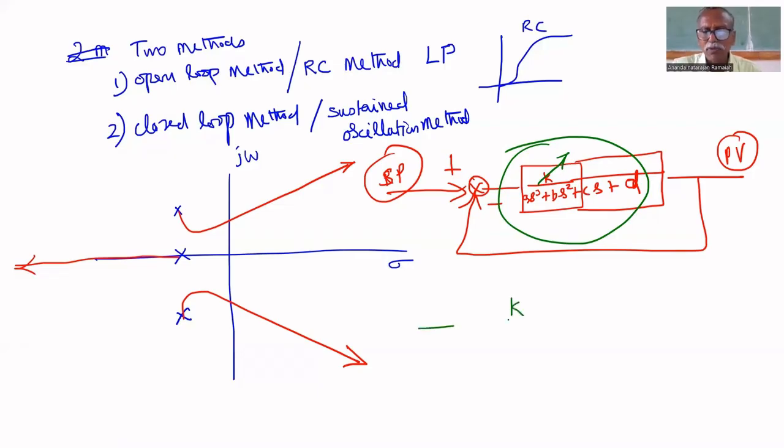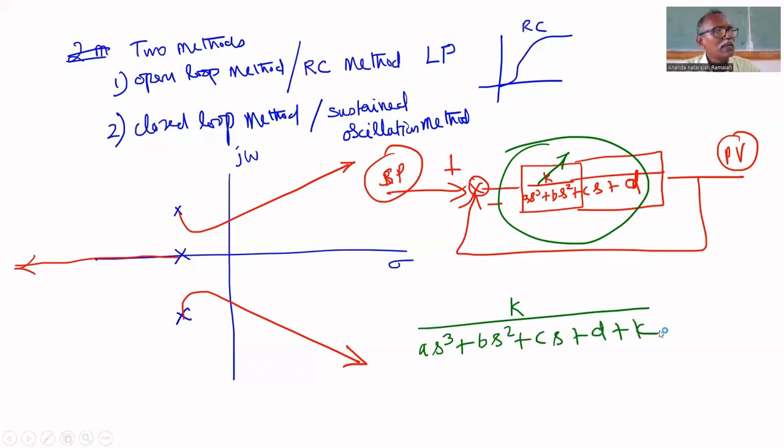It will look like this: A S cube plus B S square plus C S plus D plus K in the denominator. Am I correct or not? That's why, if you vary K, the denominator poles are moving.